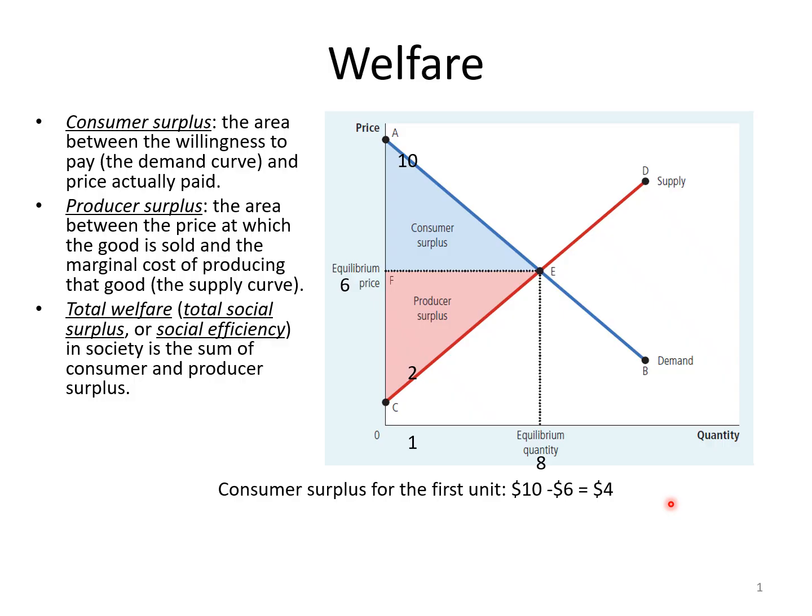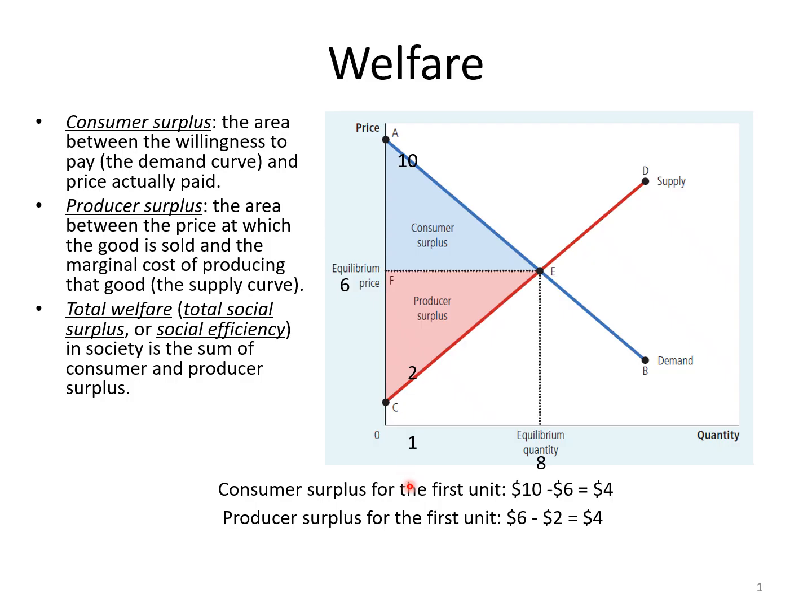For the producer at the same unit of 1, they were willing to accept $2 for that, but they actually get the equilibrium price in the market of $6. So the producer surplus is $6 minus $2, which is $4 for the producer for that first unit.